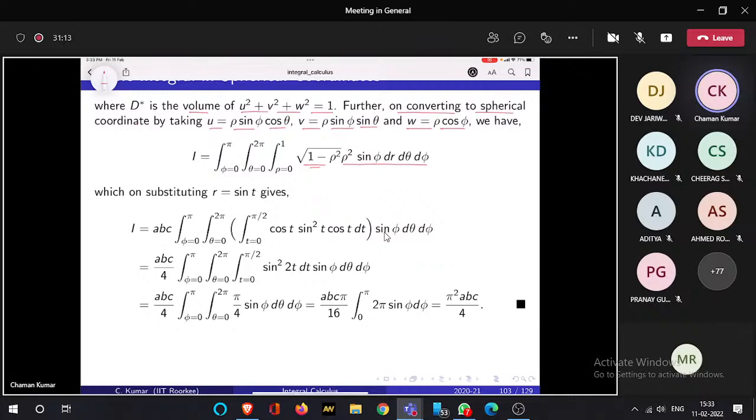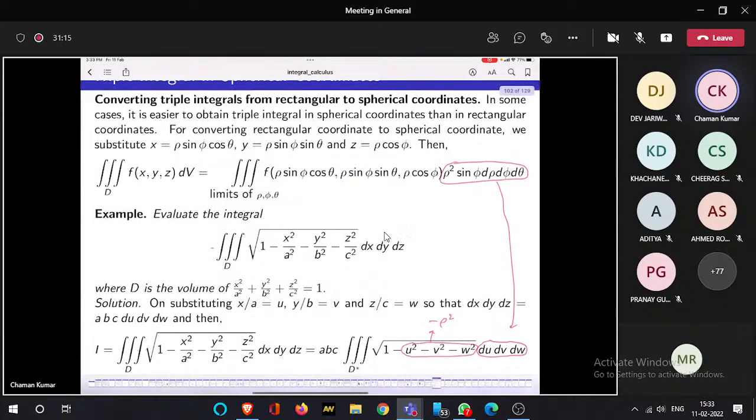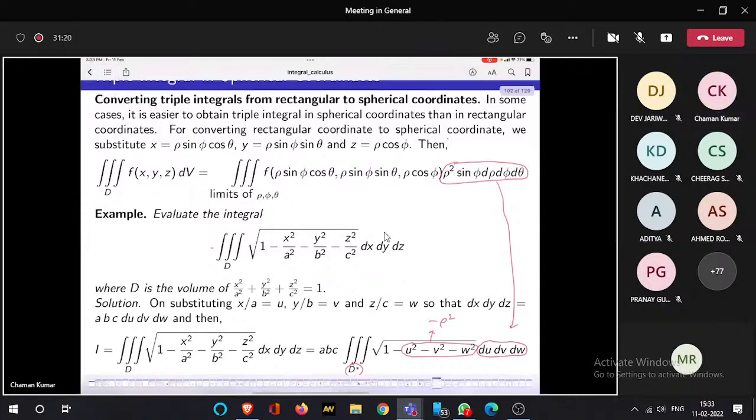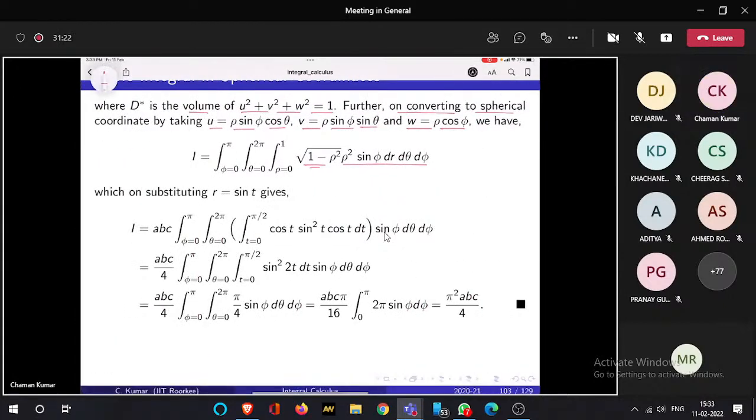Now everything else is the integral over the sphere D star, whose equation is u square plus v square plus w square is equal to 1. So now you imagine a sphere in three-dimensional space, and start a ray from the origin, making angle phi with the z-axis.